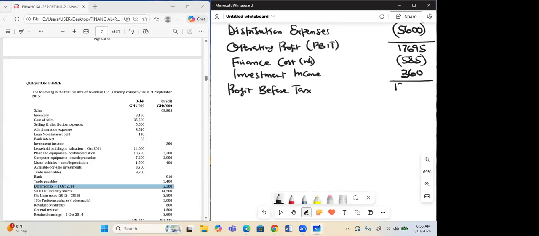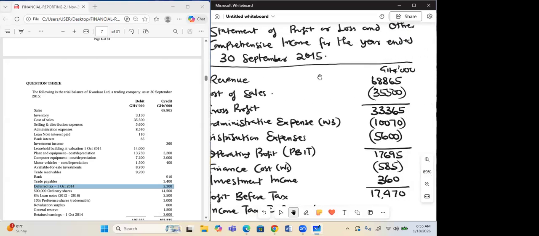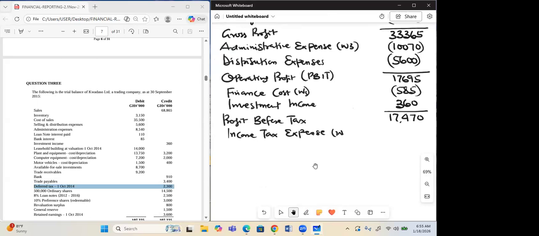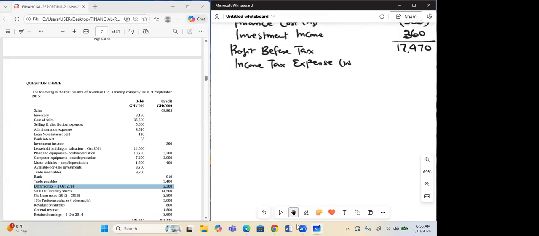Confirmed. Then income tax. The income tax, we worked it as working number what? Yes, working number 12, 4,700. Can you see?